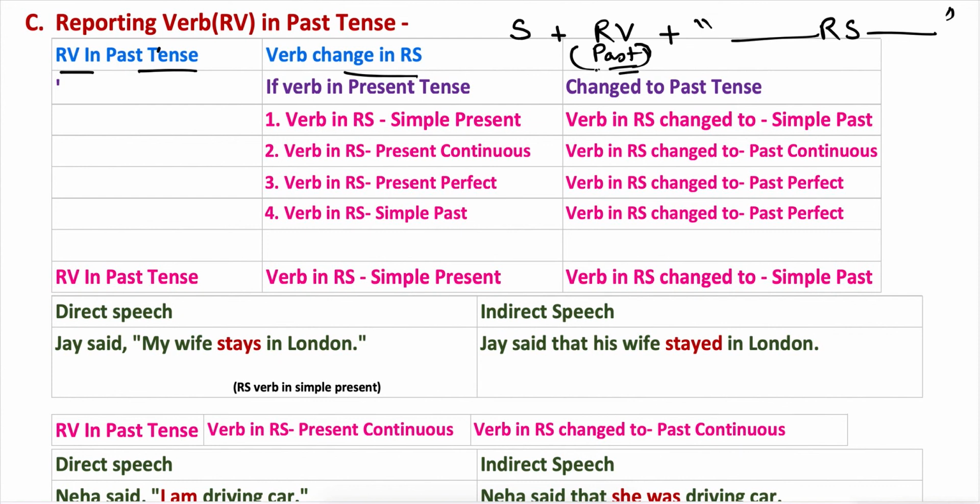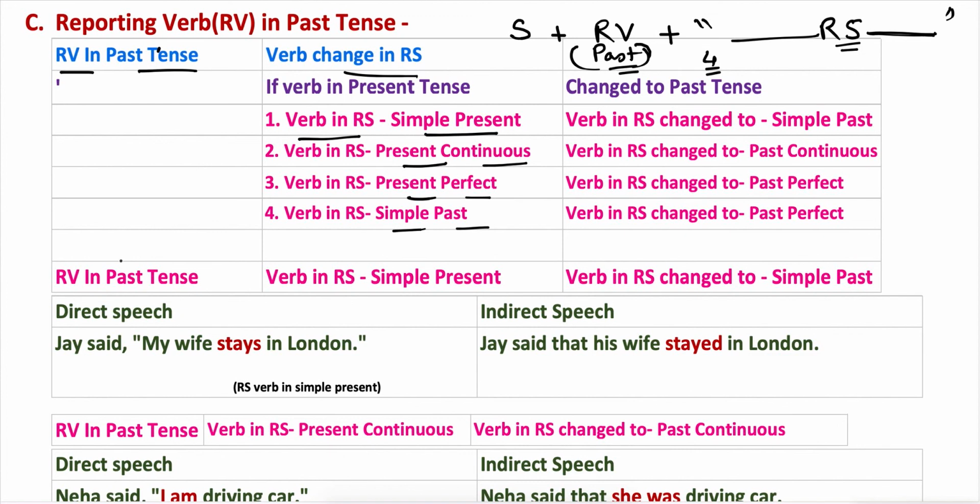So for that we have four cases, four conditions. Now we are discussing when the verb of the reported speech is simple present, present continuous, present perfect or simple past, then how it will change.